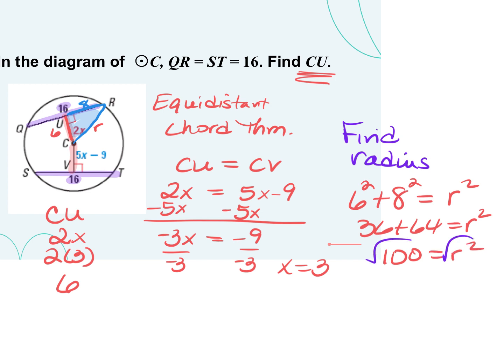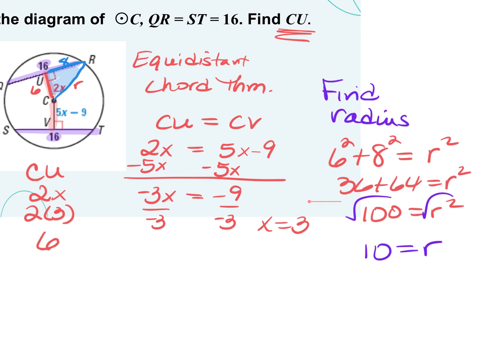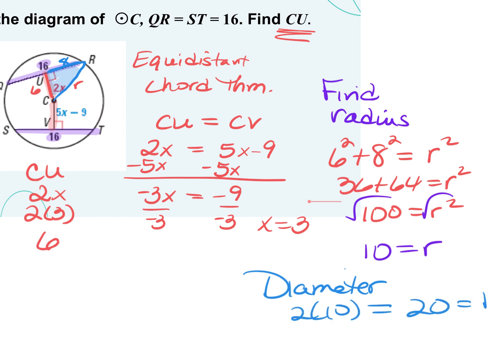Square root it, and the radius length is 10. What if it said find the diameter? What do I need to do now? Multiply by 2. So if they change it up and then they say find the diameter as well, all you do is 10 times 2, and that will give you the diameter.